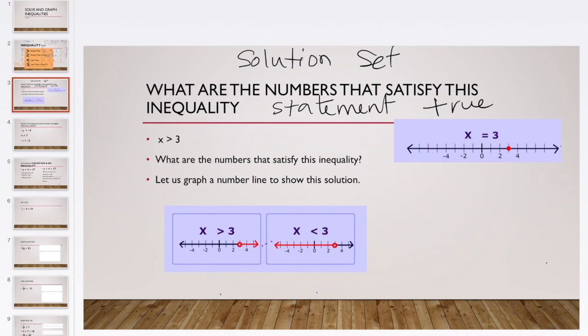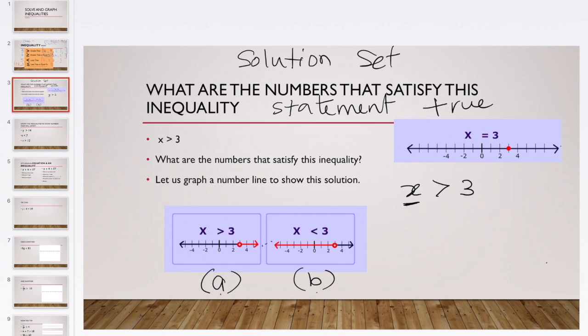So we want to graph x is greater than 3. Now I'm going to give you guys a few seconds to choose A or B, which graph shows x is greater than 3. Pause the video, please go check, think about this, and then tell me an answer. Is it A or B? Okay? Alright, so if you said it's A, then it's correct because x is the unknown.